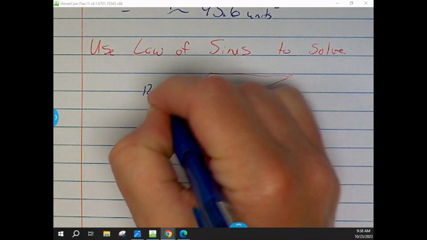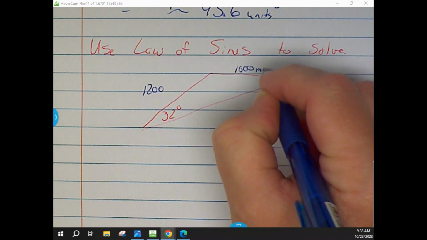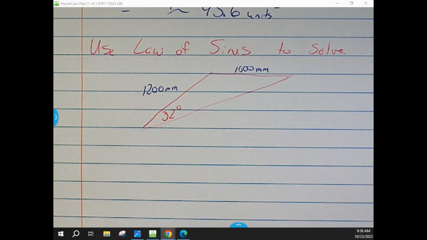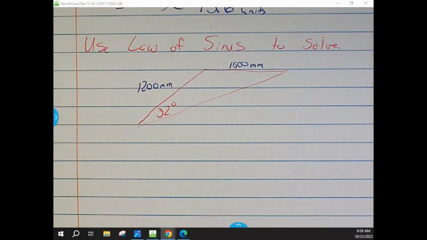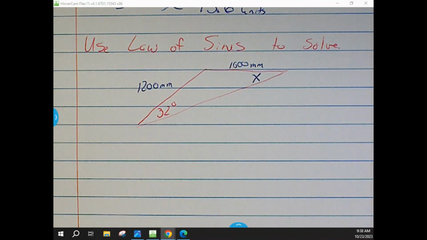Let's throw out some big numbers here. Let's say that's 1,200 and let's say that's 1,000. We'll never use millimeters, so let's go with some millimeters. Okay, we're going to find out what x is.